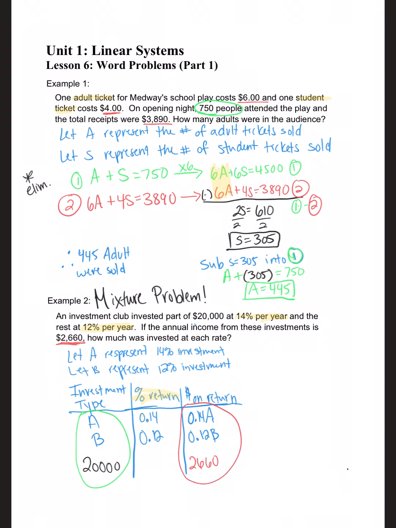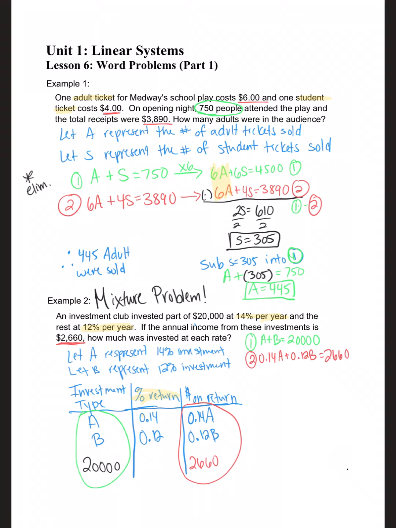Okay, so equation 1 is A plus B equals 20,000. And equation 2 is going to be 0.14A plus 0.12B equals 2,660.